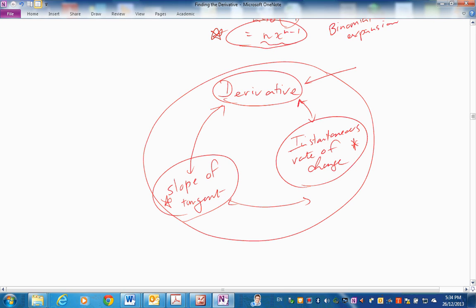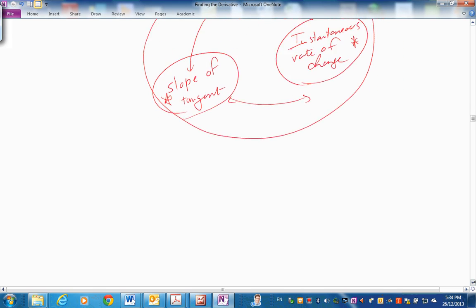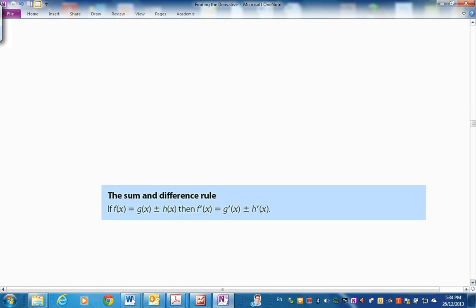Do you get it? This is, to me, a very, very, very important diagram to remember. The interaction between what you're doing, the derivative up here, and the meaning of it. Okay, so try and hold on to that idea. We'll talk about that again later on. Okay, come down, let's do some examples and see what we think.